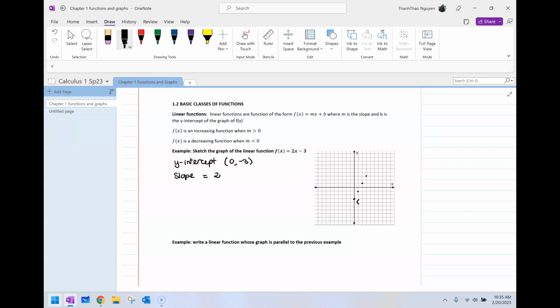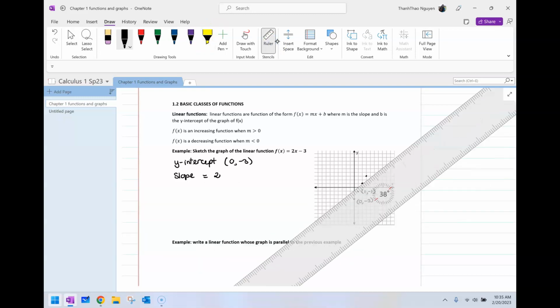So let's label our intercept and our next point. We will go ahead and sketch the graph.